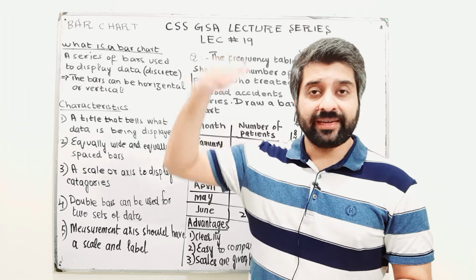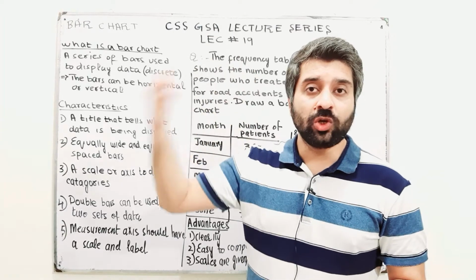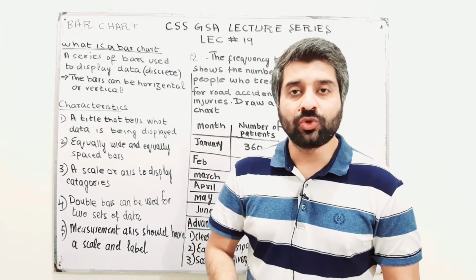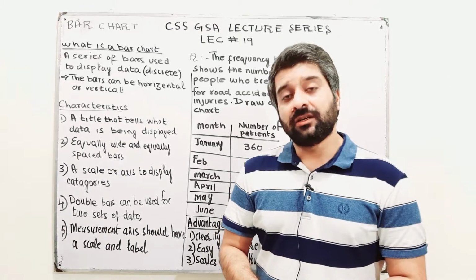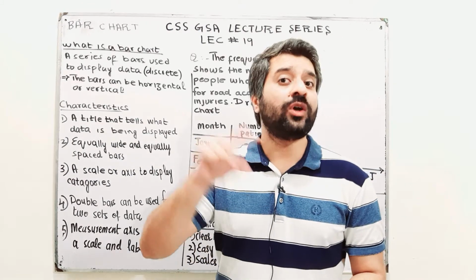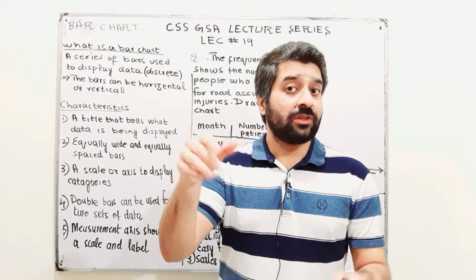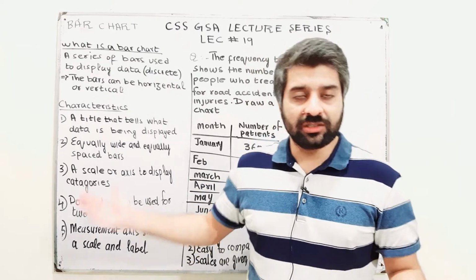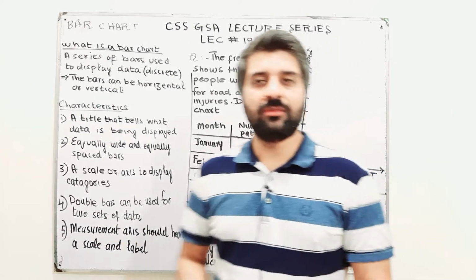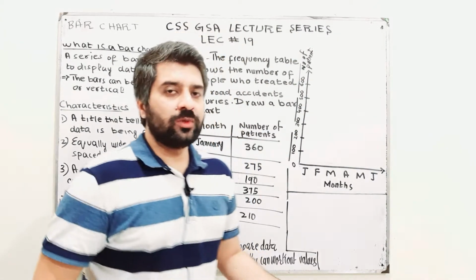Meaning on the y-axis, 1 unit is equal to how much, 2 units is equal to how much. And we need to tell what the numbers are basically telling about.